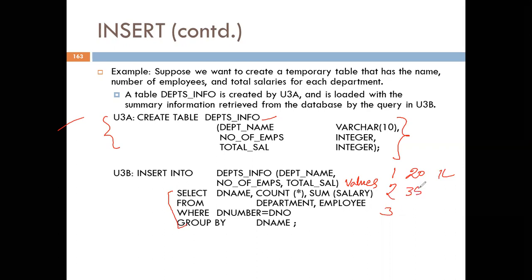Then department number 2 with 35 employees and 20 lakhs total salary, and department number 3 with 5 employees and 50 lakh salary. Like this, the result will be written from this particular query, and whatever the result is, that will be inserted into the department info table.